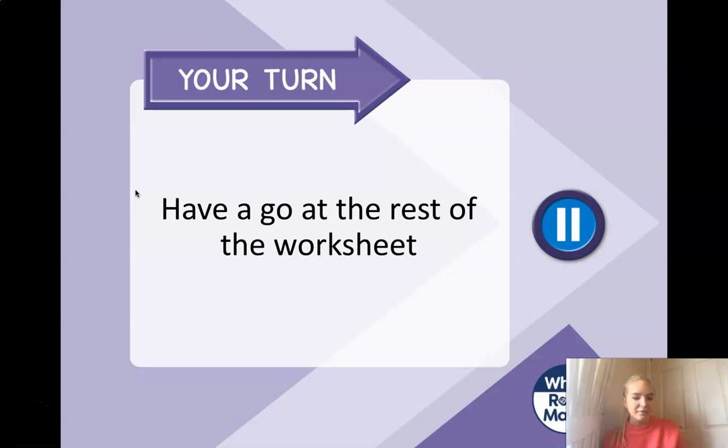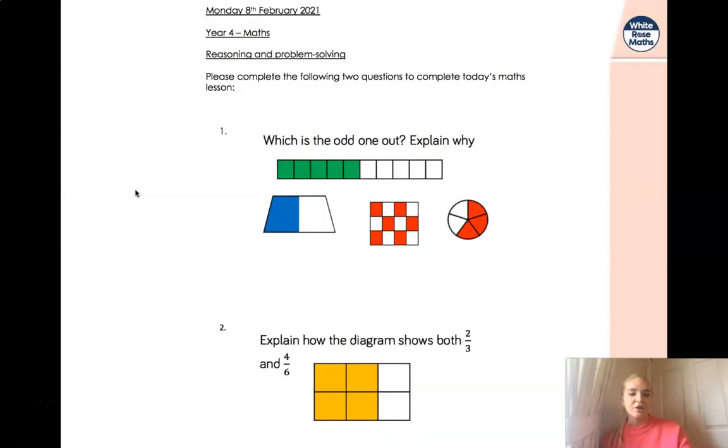Pause the video here. Okay, your final job for today is to complete those reasoning and problem solving questions. So I've given you 2 here, and the first one, you need to look at each of the shapes. The top one is a bar, and that's been split in a certain way. The next one is a different shape, and a different shape.